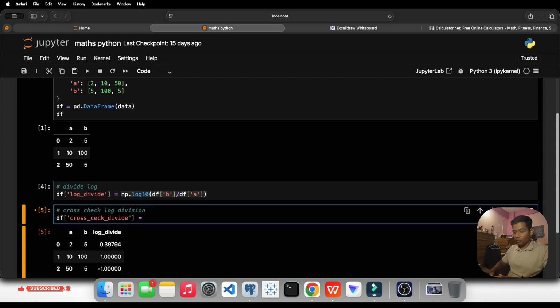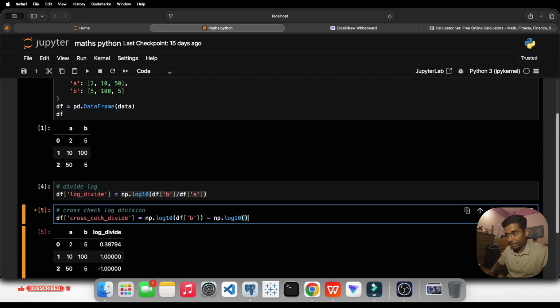Okay, what we can do, np dot log, and here we will give the column name B, and same thing. Oops, what I've done, np dot log this, and right now I will write np dot log 10. Okay, I have not used 10 here.